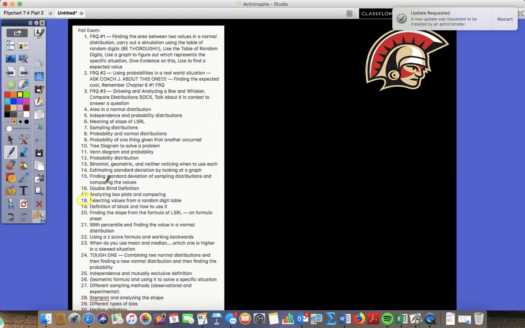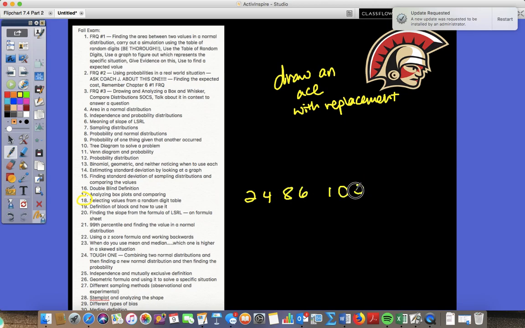Selecting values from a random digit table, ignoring repeats, well, it depends if we ignore repeats or not, right? So if I were to say, draw an ace, I want to simulate drawing an ace with replacement, using the table of random digits. I'm just making stuff up, I'm sorry. On this one, you would label the cards from 01 to 52, okay?